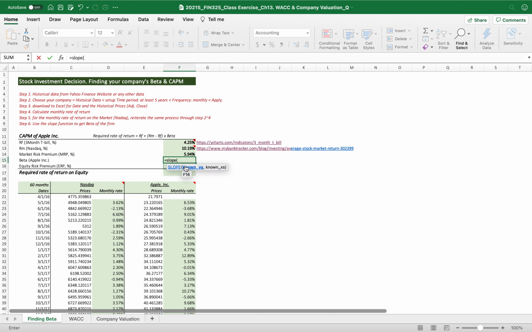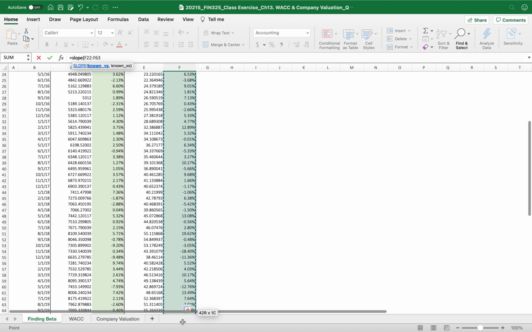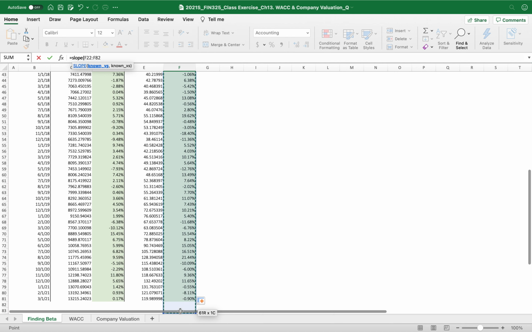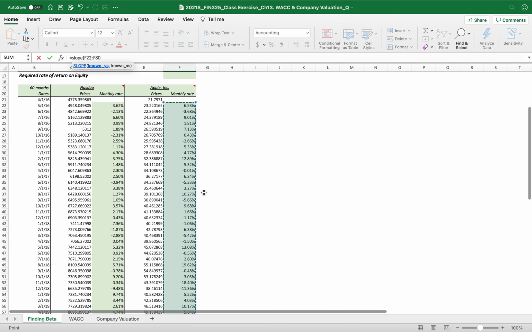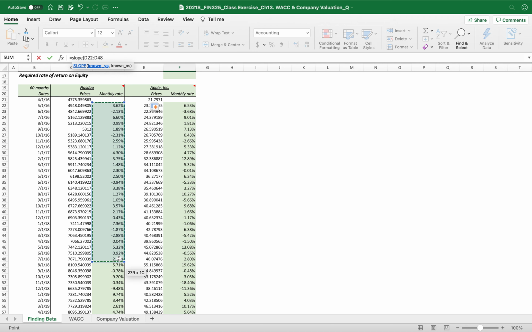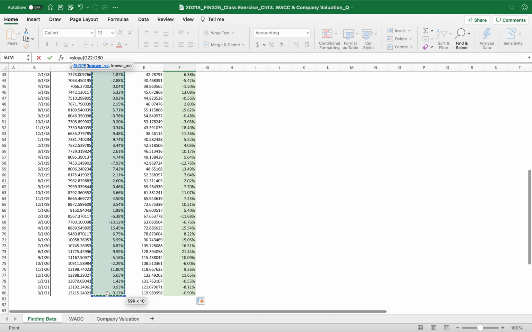Okay, then beta. The beta calculation we are using is the slope. Then what is the known y-axis? Always the objective, what we want to know. So you always start with the stock monthly rate of return, then comma. Now the x-axis. When the x-axis moves, what would happen in the y-axis? That is algebra, right?